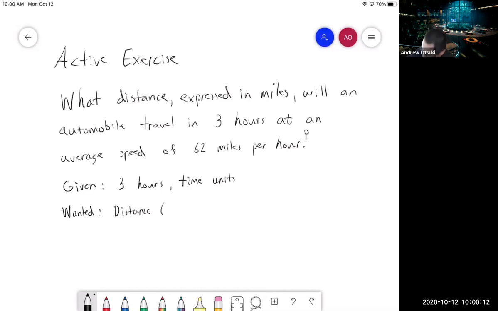So distance, length, units, and we want miles. So we have our conversion equivalency already. So we have 62 miles per 1 hour.